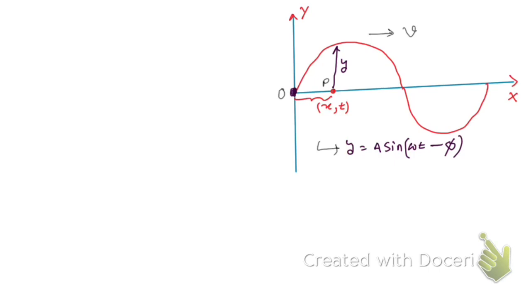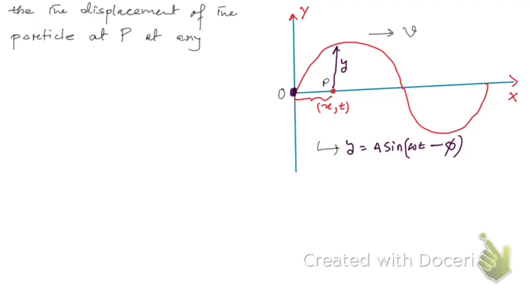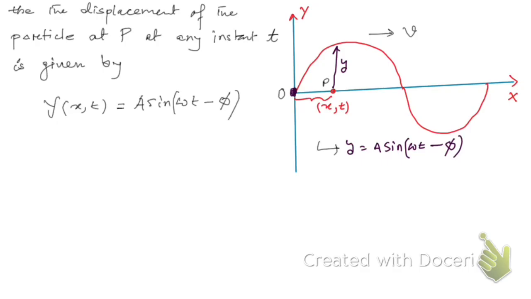The displacement of the particle at the point P at any instant t is given by y of x comma t is equal to a sine omega t minus phi, right?